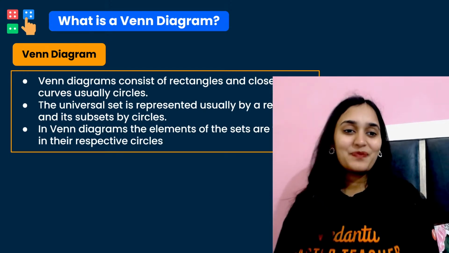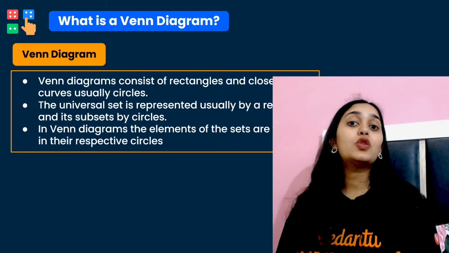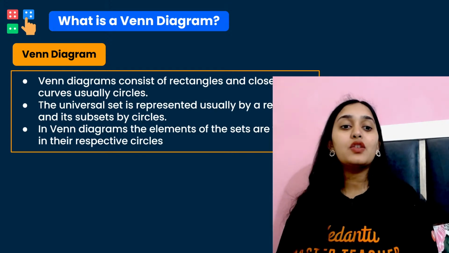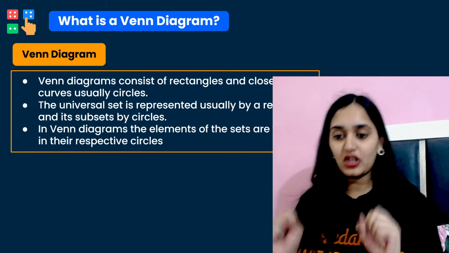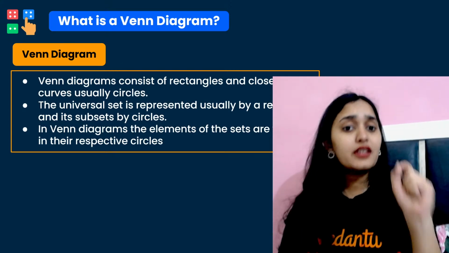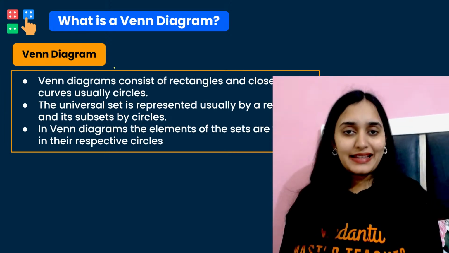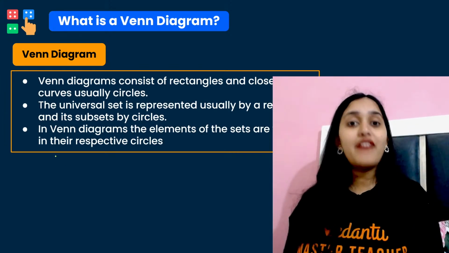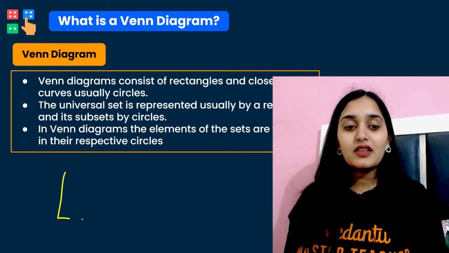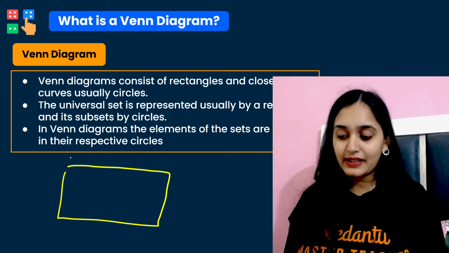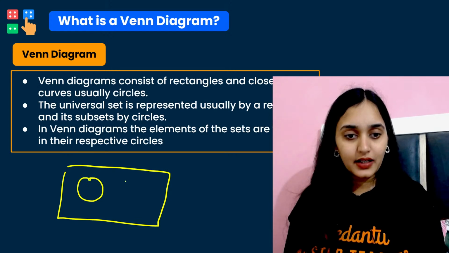First of all, we are going to learn about Venn diagrams that are used to represent sets and their operations. So what are Venn diagrams? Basically, Venn diagrams are diagrams in the shape of rectangular boxes. Inside the rectangular boxes, we draw circles.